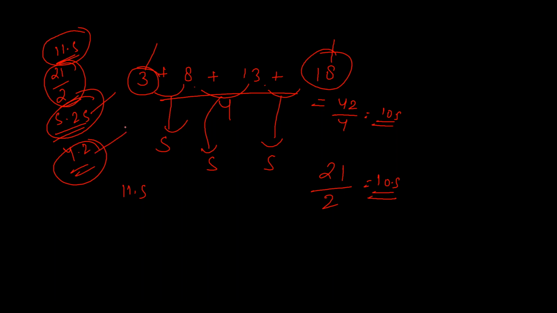A lot of you are giving answers like 11.5, 5.25, 4.2. You can't make these mistakes. This is very basic. Is it clear to everyone? When there is a common difference, you have to add the first and last number and divide it by 2.